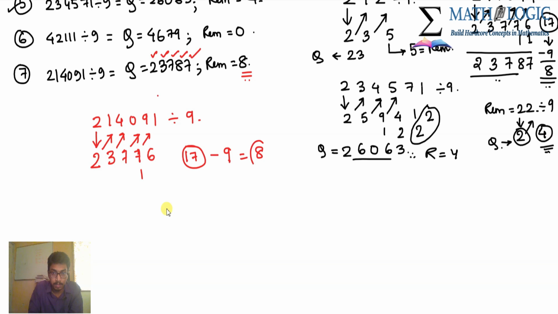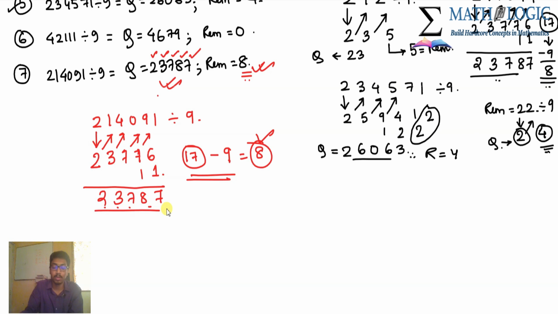So how many times? 1 time. So this 1 is carried over here. So that means the required quotient is 78732, means 23787. Understood? And what was the remainder? Remainder is 8. Clear? Okay.